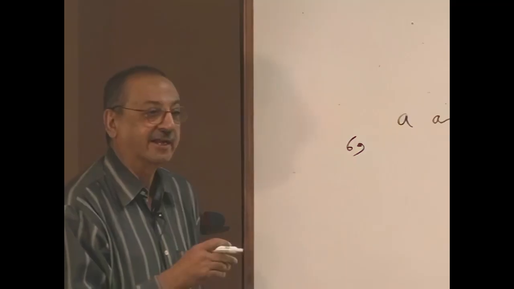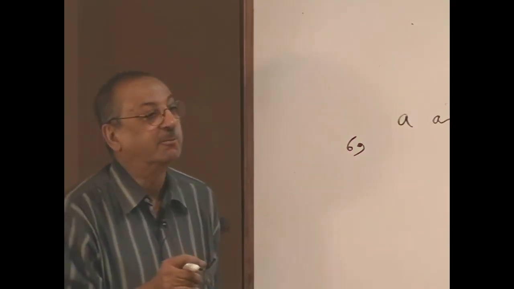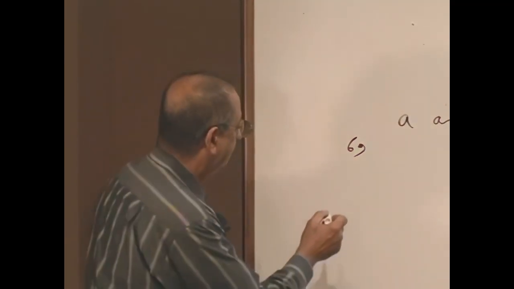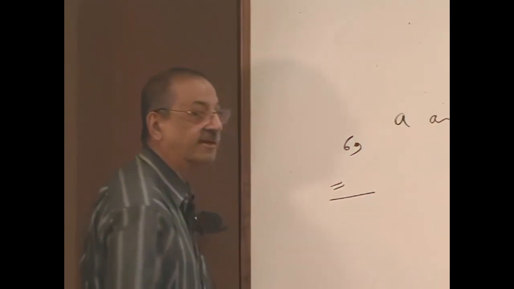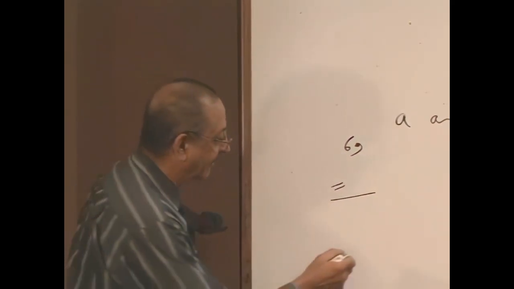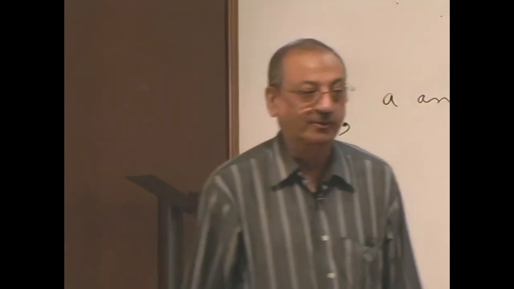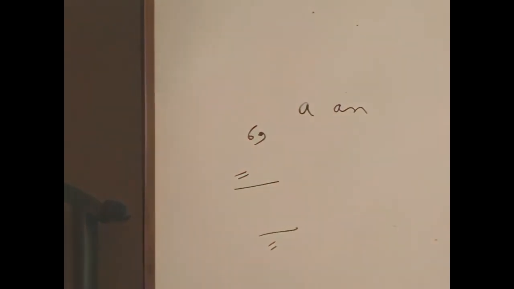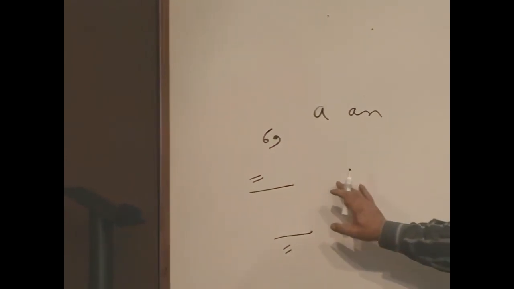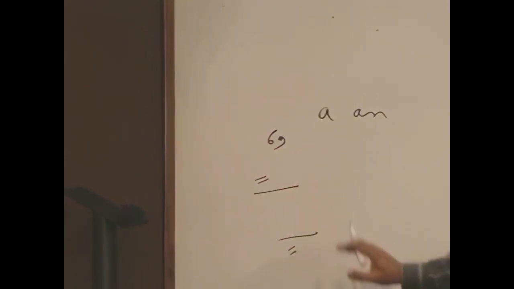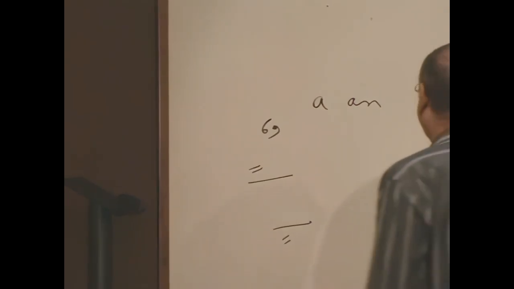If the noun ends with a fatha, we put two fathas. If the noun ends with a kasra, we put two kasras. This is called tanween. What is it called? Tanween.